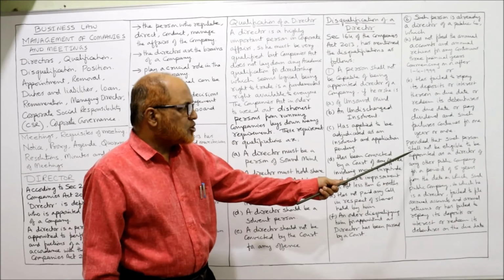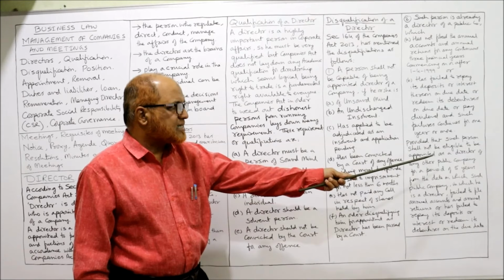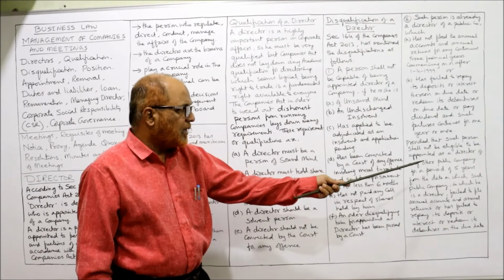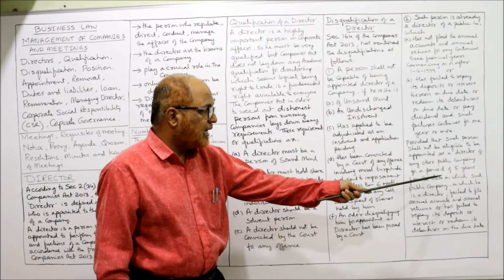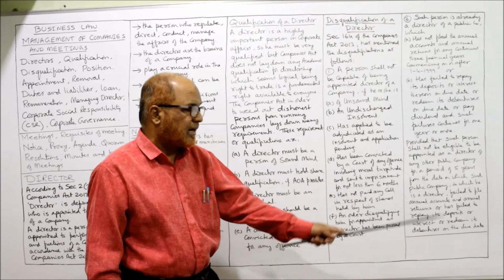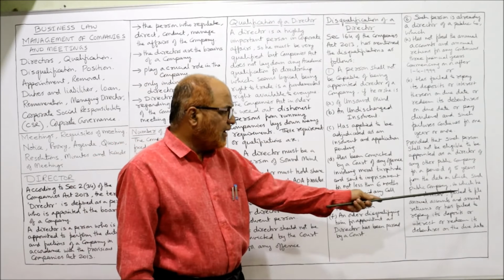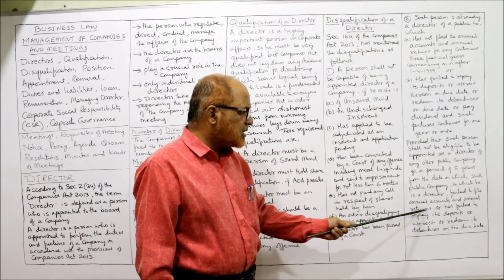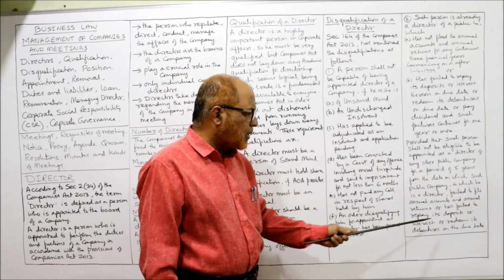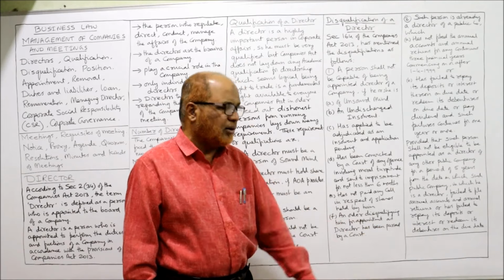Now, provided that such person shall not be eligible to be appointed as director in any other public company for a period of 5 years from the date on which such public company in which he is a director failed to file its annual accounts and annual returns, or has failed to repay its deposits, interest, or redeem its debentures on the due date.